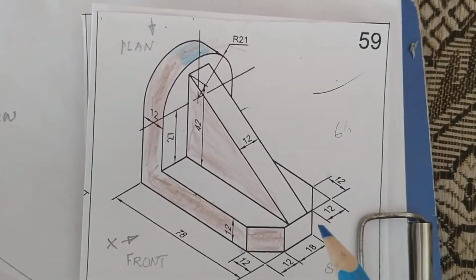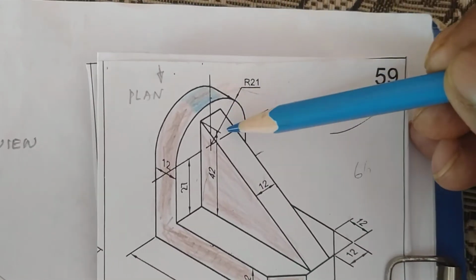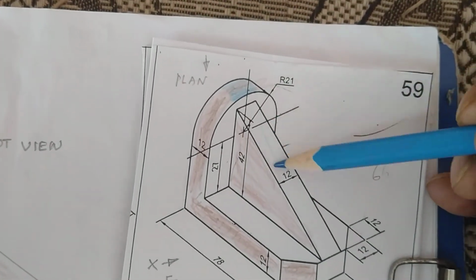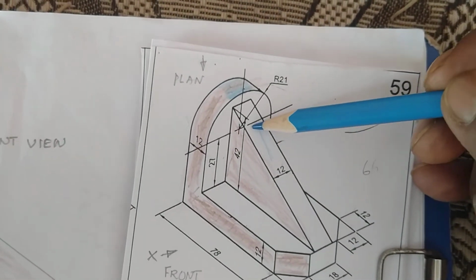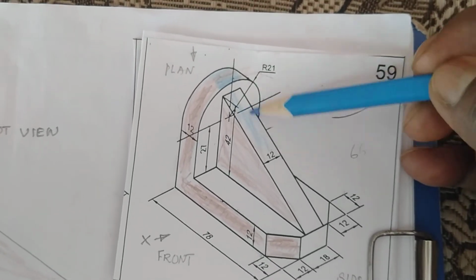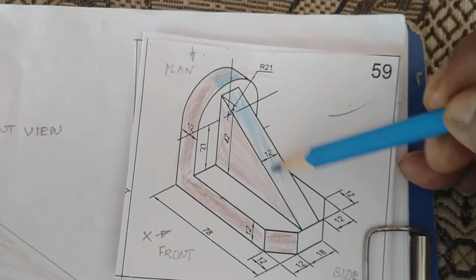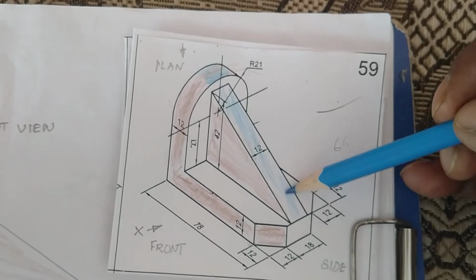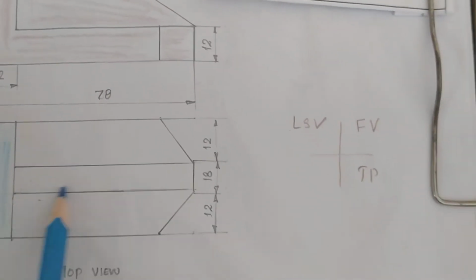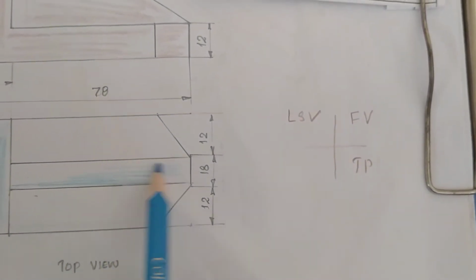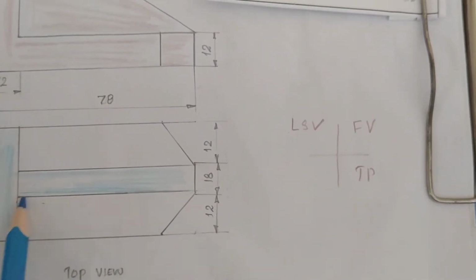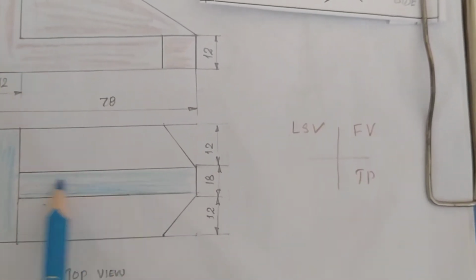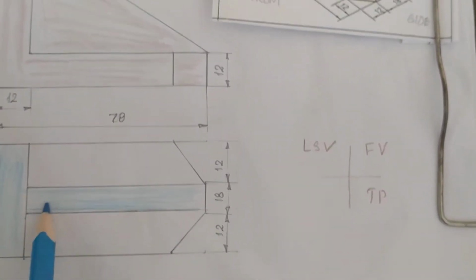Next, this portion is also visible on top. I'm drawing here. So this is a 12 mm rectangular box.